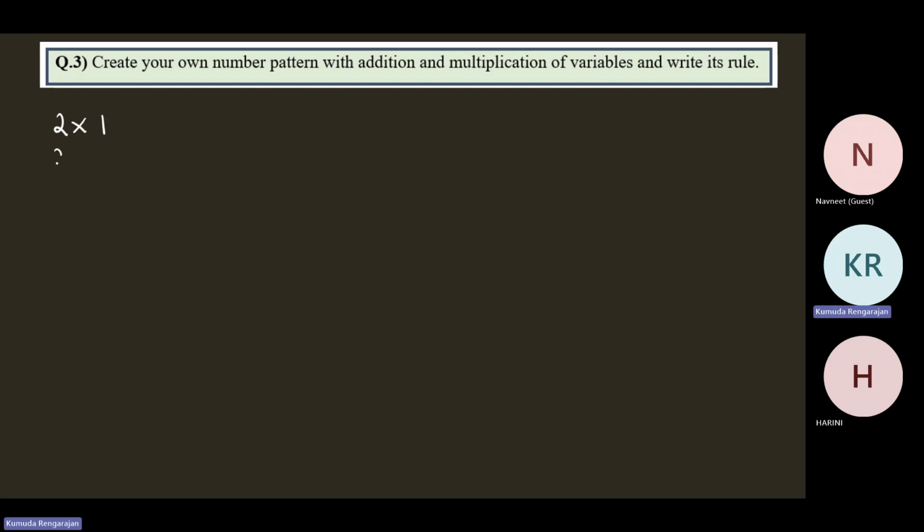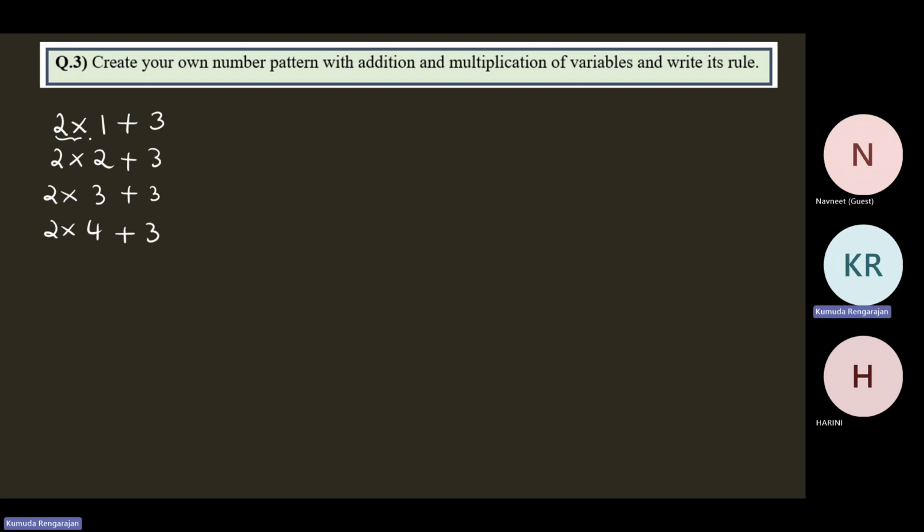Then again you multiply 2 with 2, second term. 2 with 3, third term. 2 with 4, fourth term. And what do you want to add to everybody? 3, ma'am. Yes. So you want to add 3 to everybody.